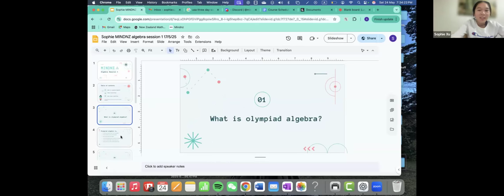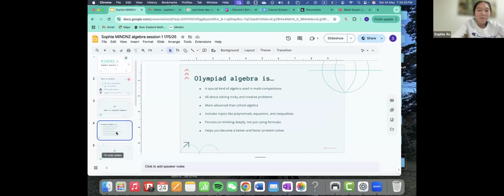Okay, so what is Olympiad algebra? Well, it's a special type of algebra that's used in math competitions, and you basically have to apply your algebra skills creatively to solve problems.